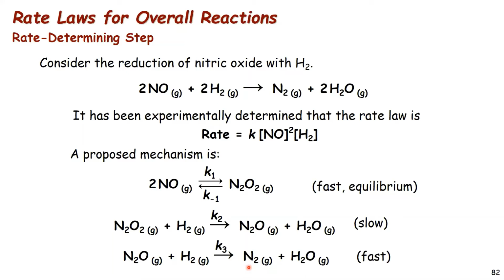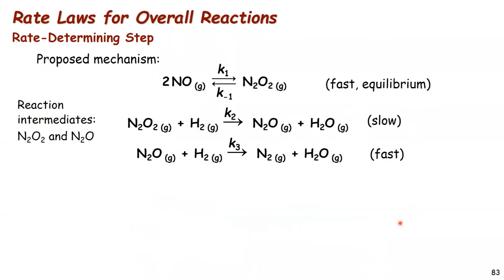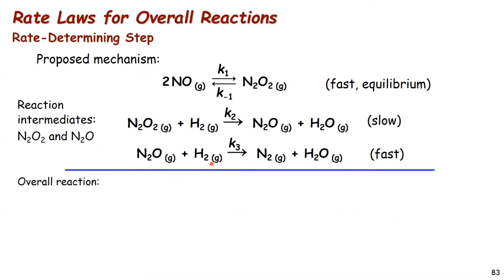And so to determine the rate law, that's going to be governed by the slow step. So we have two reaction intermediates. When we get the overall reaction and we add these up, we can see that the N2O2 is canceling, and we see that the nitrous oxide is also canceling.